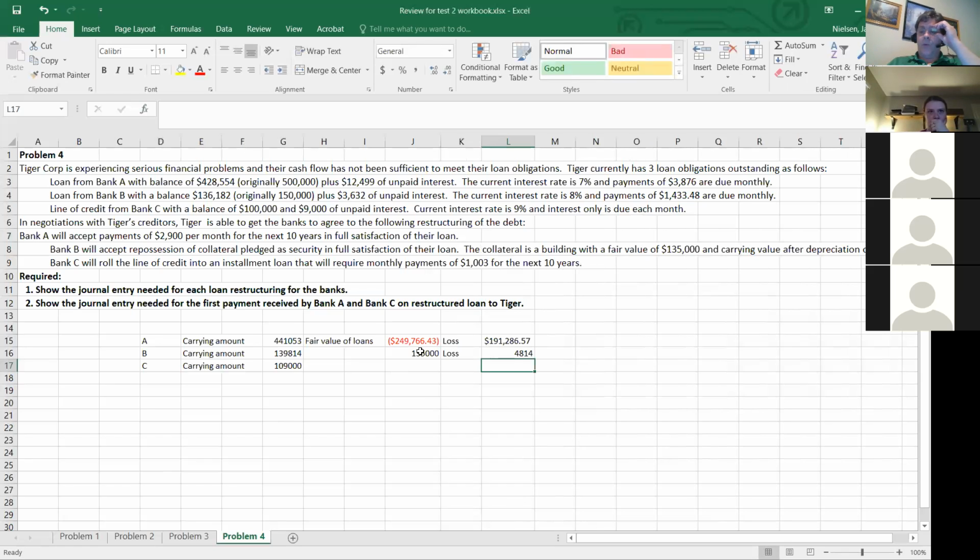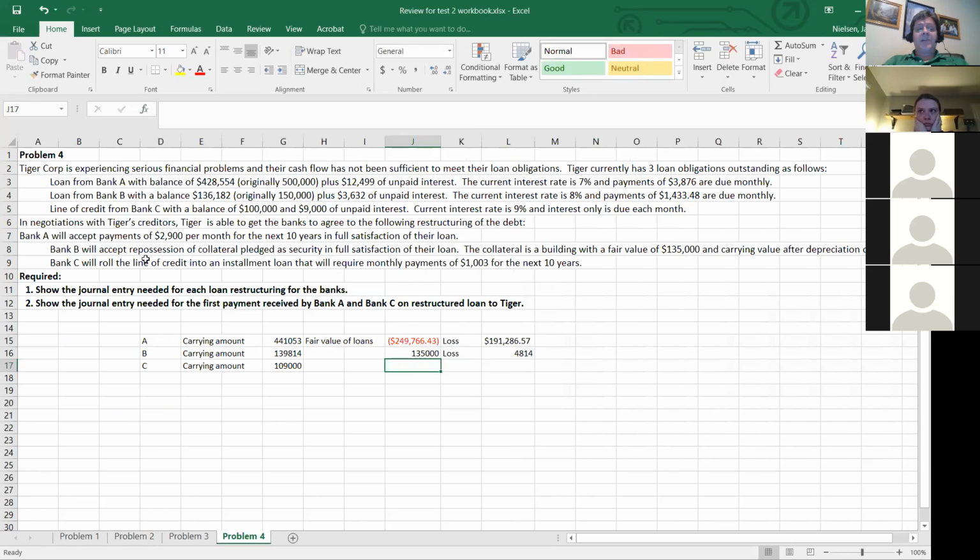If you're literally ready to repossess now and take ownership of that building. It seems like it's different, but it's really much easier because you don't have those future payments that you have to do any present value on.